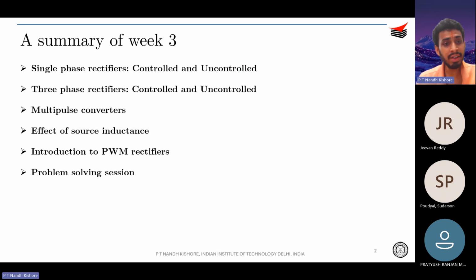And then at the end, you studied what are known as PWM rectifiers, wherein you try to emulate a perfect rectification, without any distortion factor or without any harmonics. You try to get a pure sine wave at the input as well. So that's the idea of studying these converters.